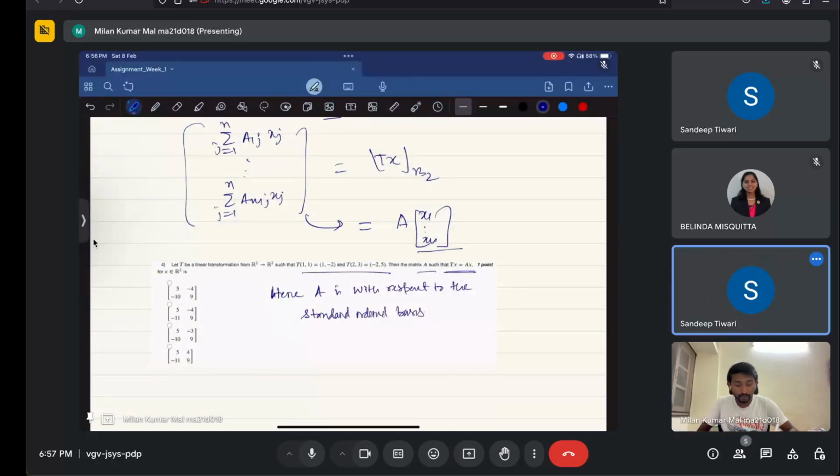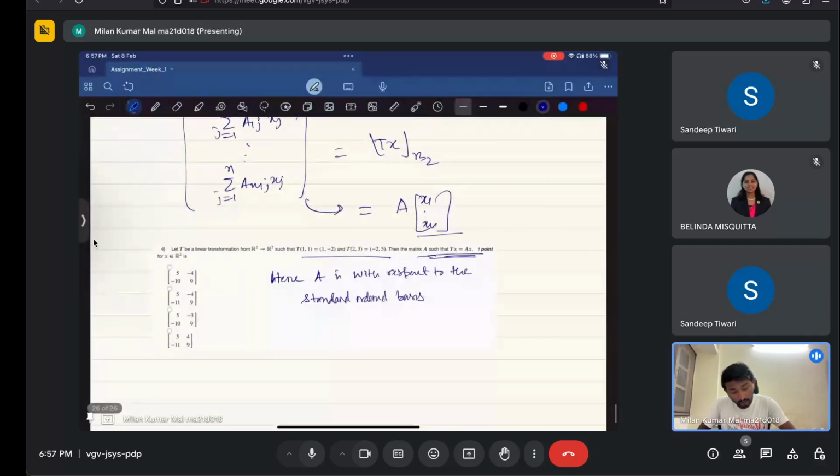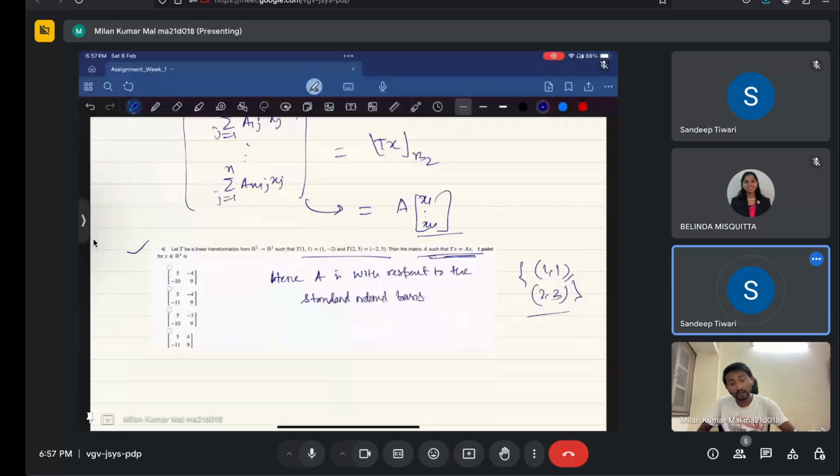But if we give an ordered basis, for example in this problem, (1,1) and (2,3), this set will form a basis, right? If you consider this as alpha 1 and this as alpha 2, then this will be an ordered basis, alpha 1, alpha 2.